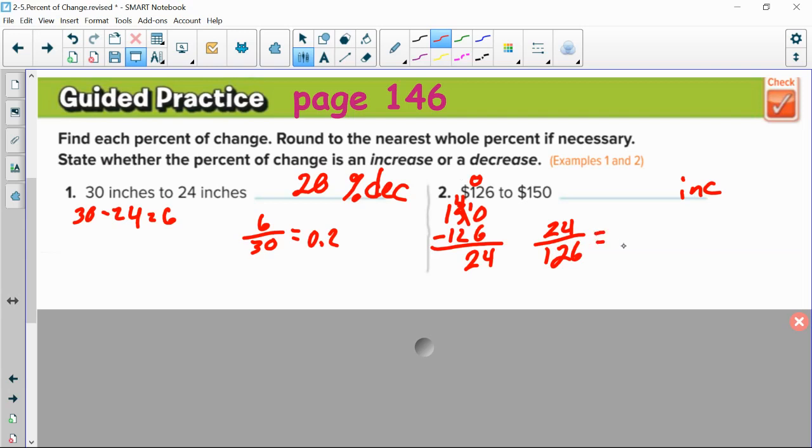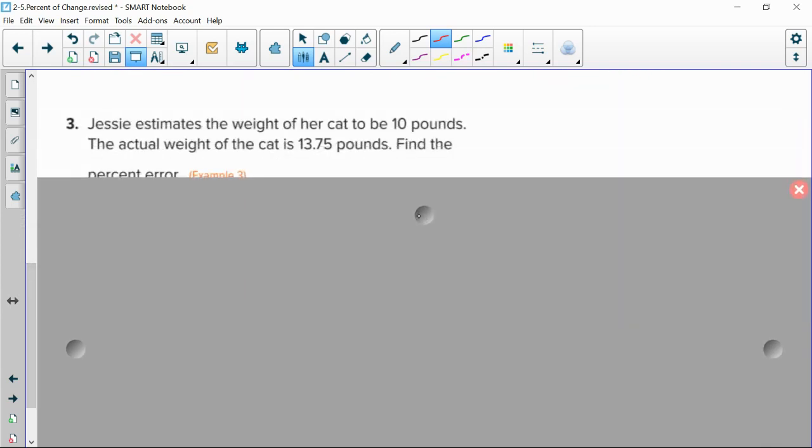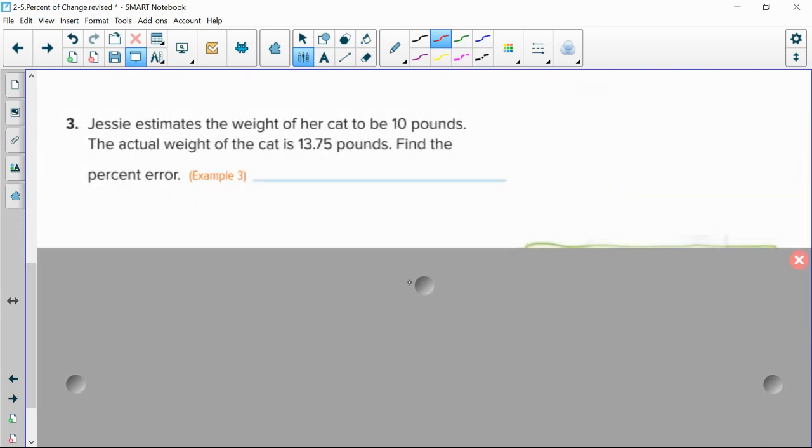What we get in our calculator is 0.1904. Move your decimal over twice, and we have a 19% increase. This is percent of error. We're not doing percent of error.